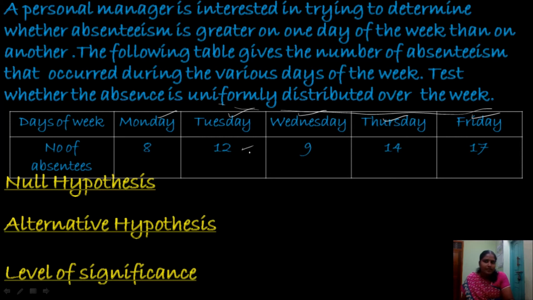For that, let me first set up the null hypothesis and alternative hypothesis. The null hypothesis is denoted as H0. The absence is uniformly distributed over the week.